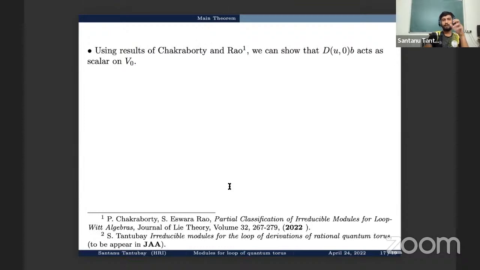Now, using results of Chakraborty and Rao, we can prove that D(u0) tensor b acts as a scalar on the zeroth component of the module. And from this, we can prove D(u, r) tensor b on V acts as psi(b) times D(u, r).